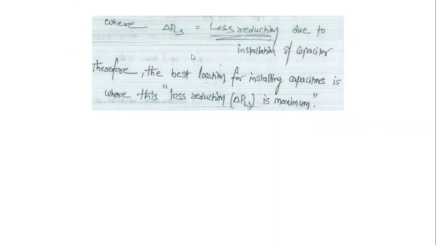Therefore, the best location for installing the capacitors is where this loss reduction has the maximum value. What is the best location of the capacitor? It is where the loss reduction due to the installation of the capacitor, delta PLS, is maximum. Only in that place is the best location for the capacitor installation.